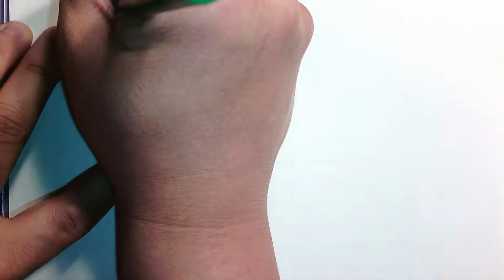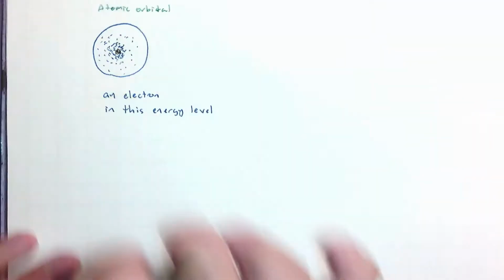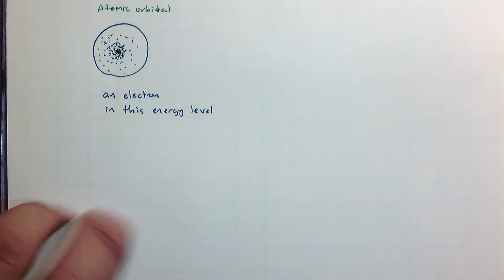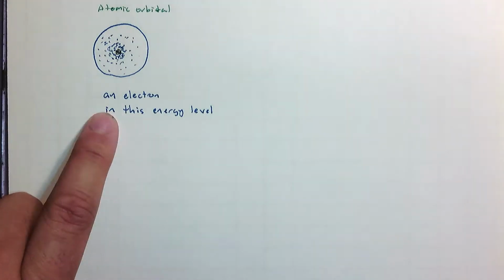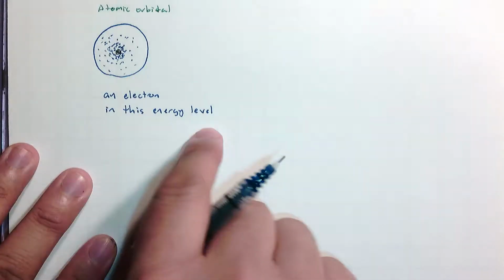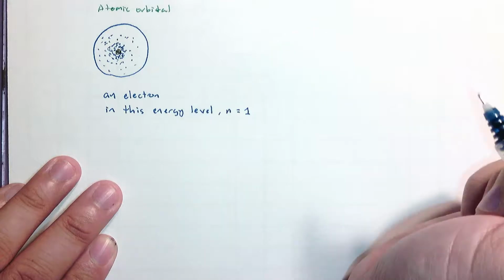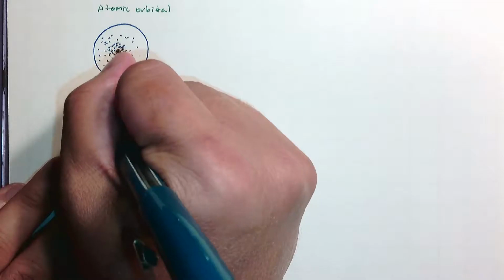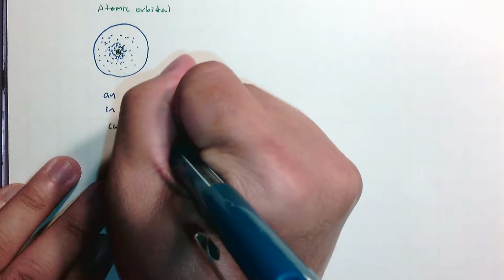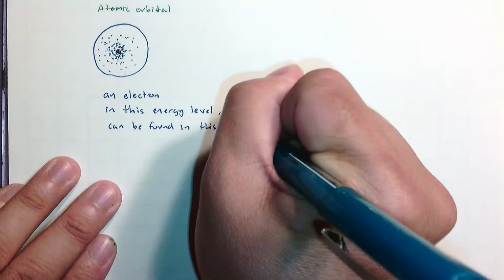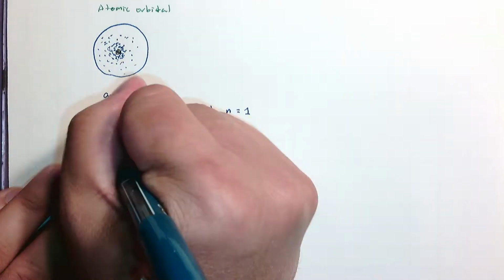This is the atomic orbital, and it's just 1 atomic orbital. I do want to caution you. I didn't finish this thought. An electron in this energy level n, and we'll put n equals 1, can be found in the sphere 90% of the time.